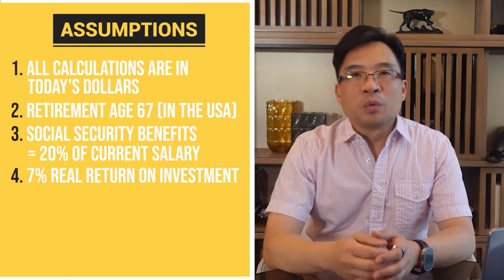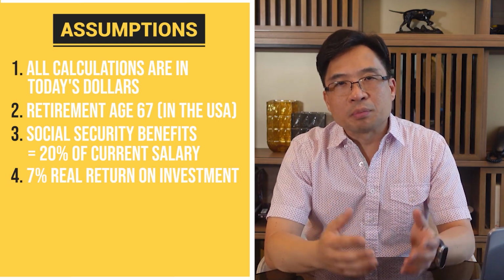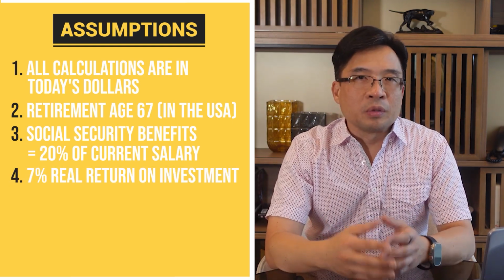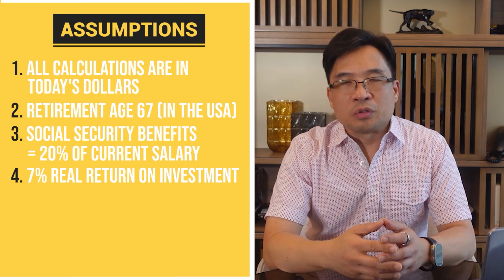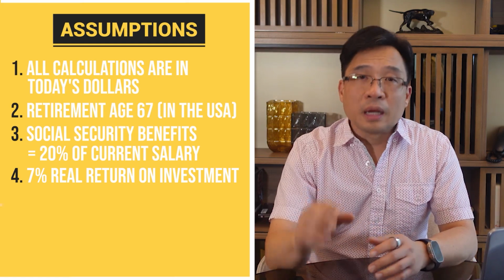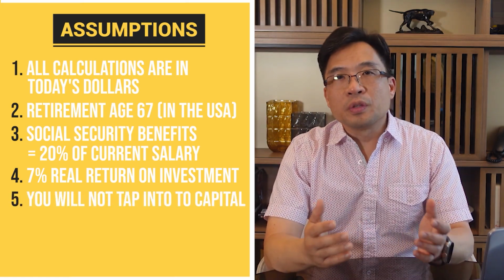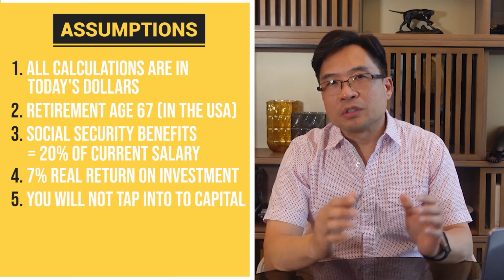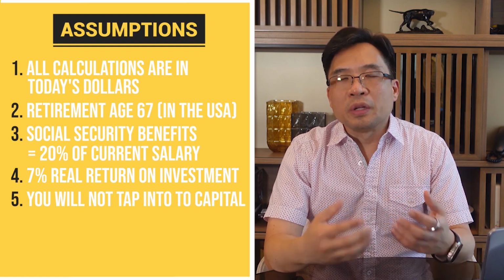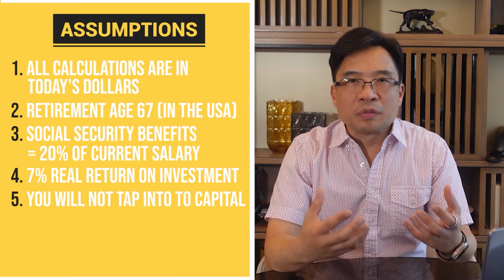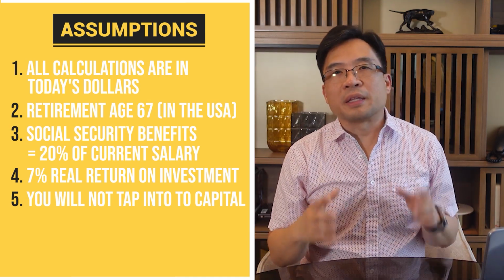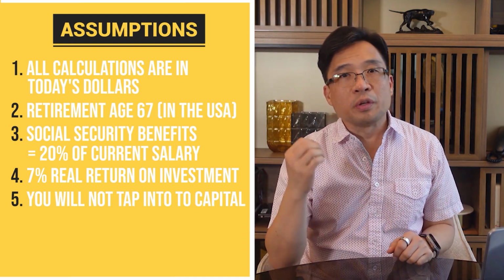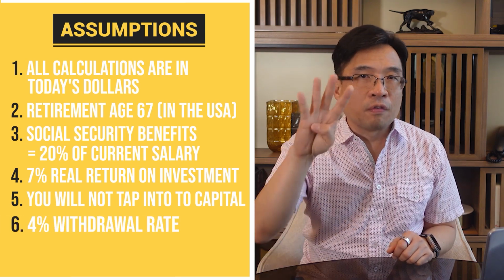Assumption number 4. We'll assume that we can obtain a 7% real return on investment, which is the long-term average of the S&P 500 or the US stock market. Assumption 5. You will not be tapping into your capital, that is your savings and investments. You will be only living off the returns of those investments. Assumption 6. You will be living off the income that capital generates, so we'll be using a withdrawal rate of 4%.